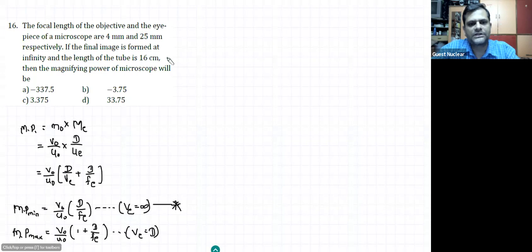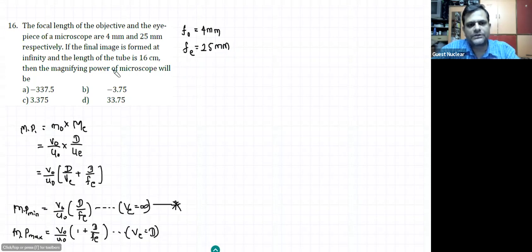Okay, first of all, just let us write down all the given things. What are the given things? First of all, FO is given to be 4 millimeter. Then FE is actually given to be 25 millimeter.